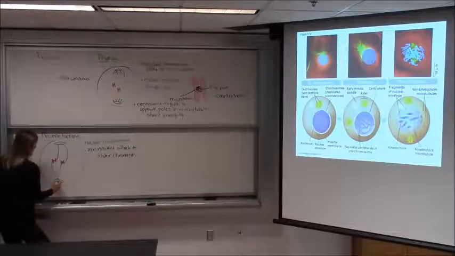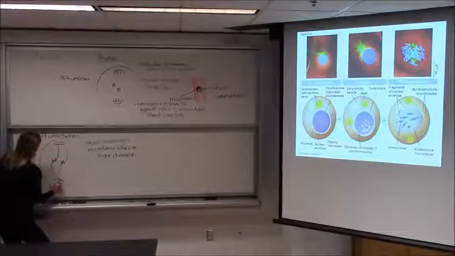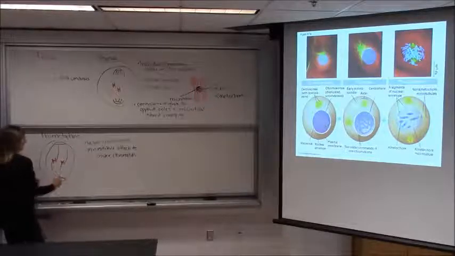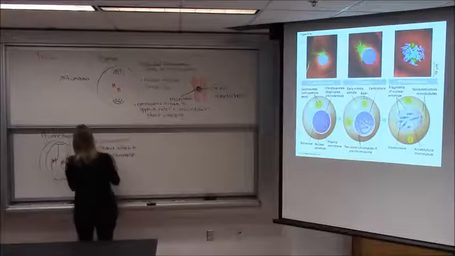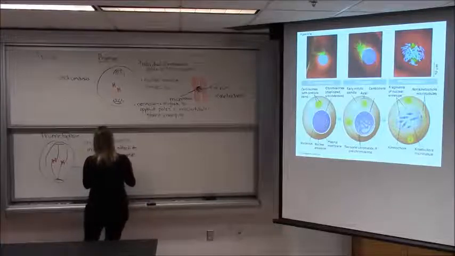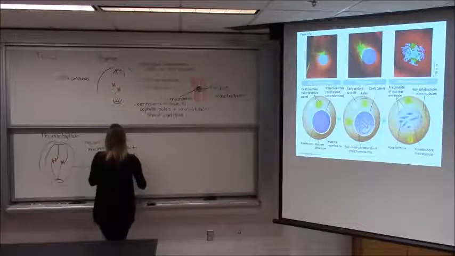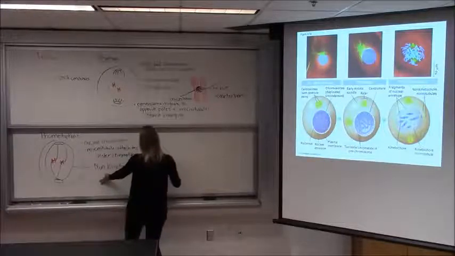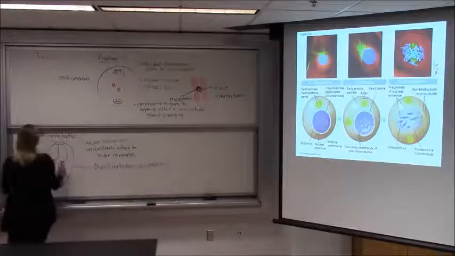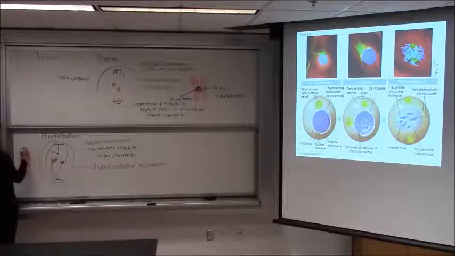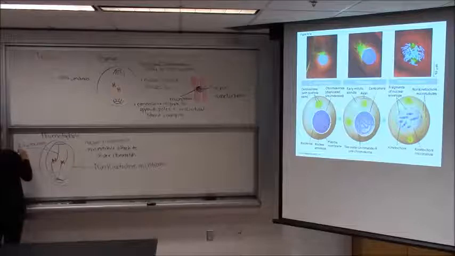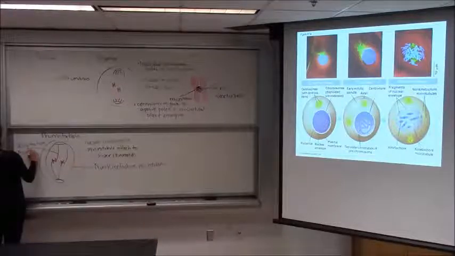We're also going to have some microtubules that are not going to connect to kinetochores. So this is called a non-kinetochore microtubule. And the ones that are connected to a kinetochore are called kinetochore microtubules. Those are going to serve two different roles in dividing the cell.